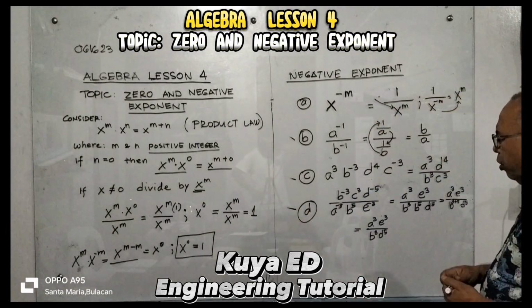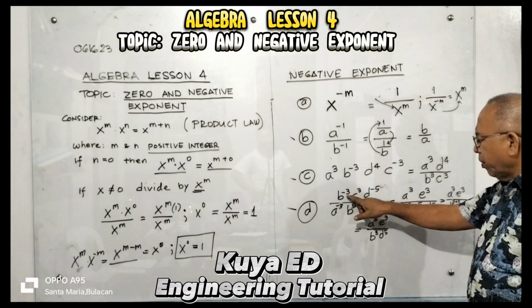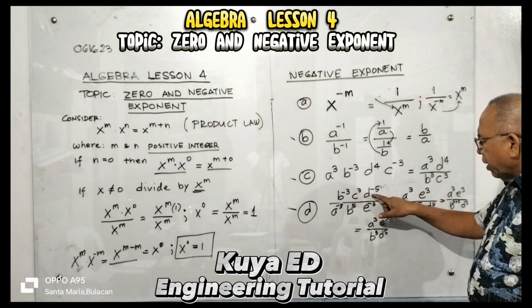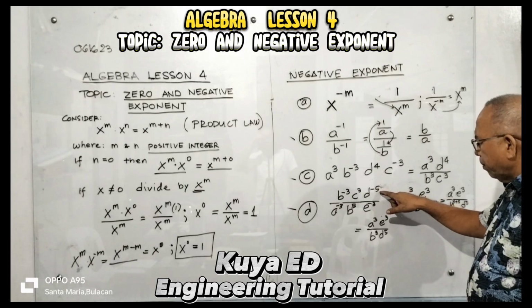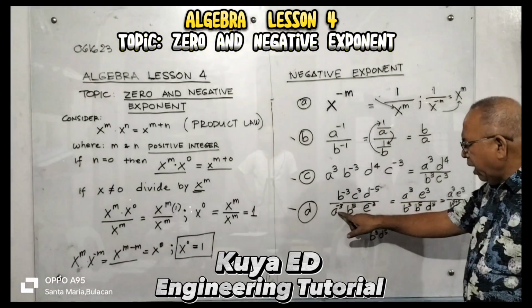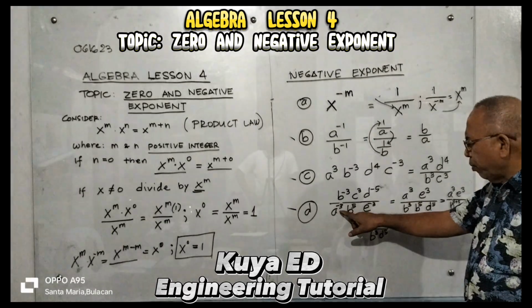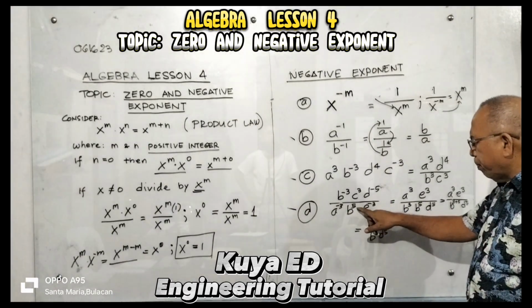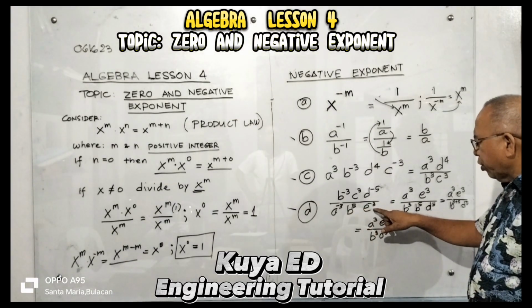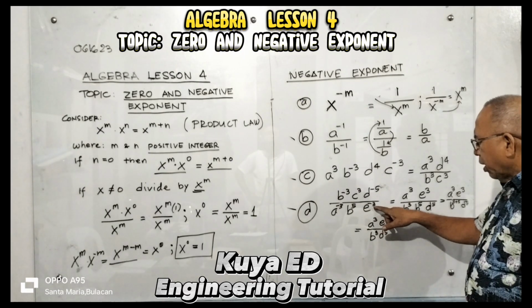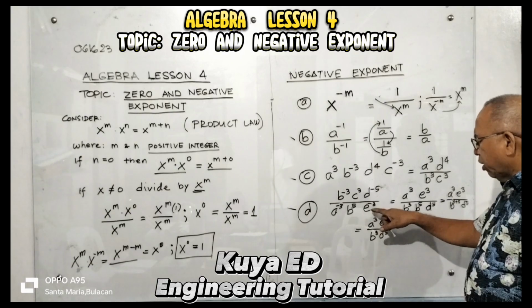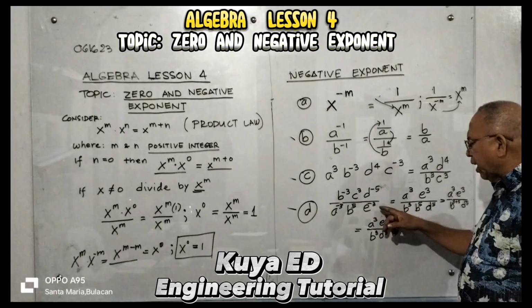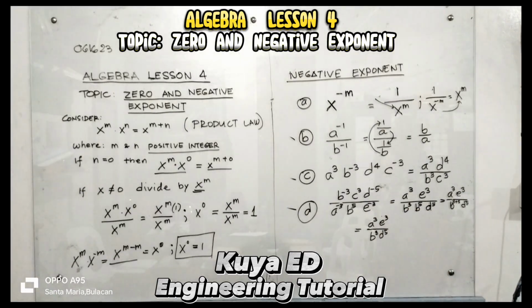Okay. So last, we have here, B to the negative cube, C cube, D to the minus 5 over A to the minus cube, B to the fifth, E to the negative 3 exponent. Okay.